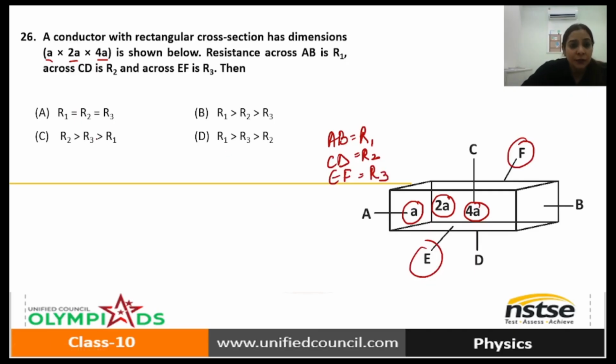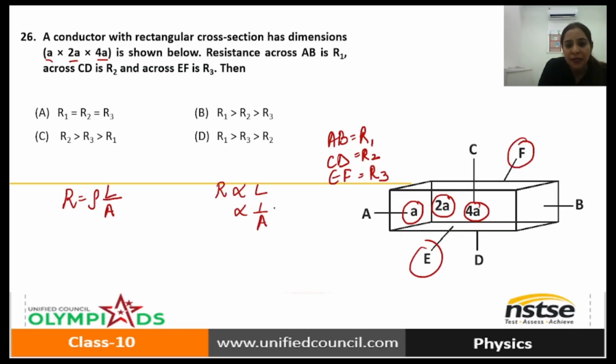Then we need to find whether the three resistances are equal or whether we have to arrange them in sequence basically. So let's find out first. We all know that R is equal to rho L upon A. That is, resistance is equal to resistivity into length divided by area, because resistance is the obstruction to the flow of charge and it is directly proportional to length but inversely proportional to area.